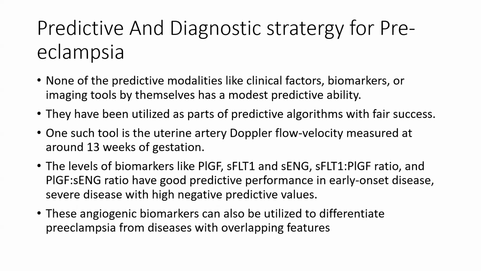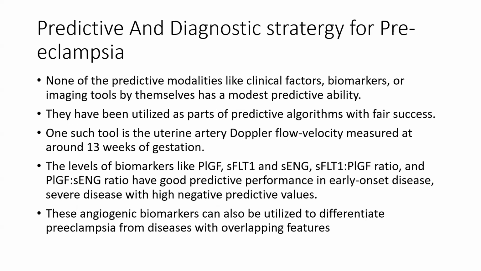Now the predictive and the diagnostic strategy for preeclampsia. None of the predictive modalities like clinical factors, biomarkers, and imaging tools by themselves has more than modest predictive ability. They have been utilized as a part of predictive algorithms with fair success. One such tool is uterine artery Doppler flow velocity measured at around 13 weeks of gestation.